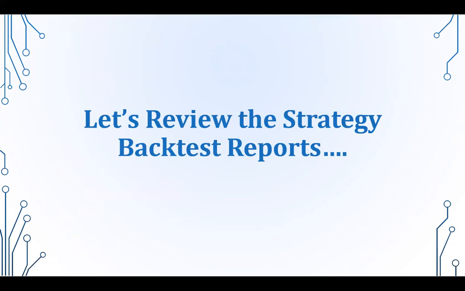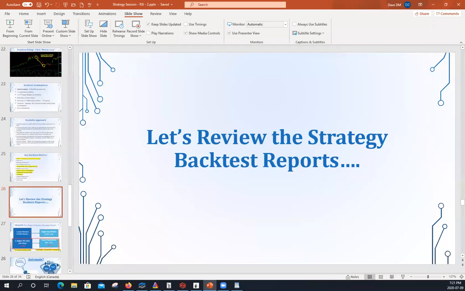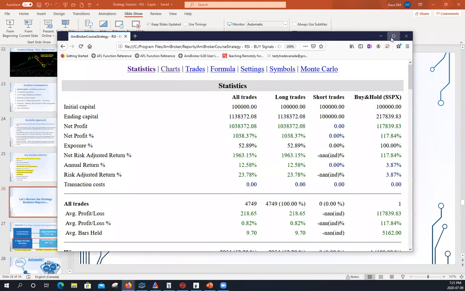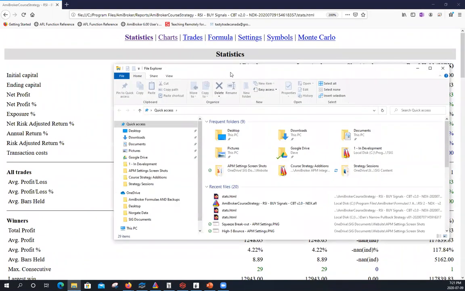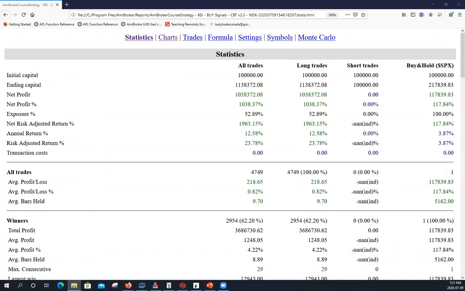So let's see what that looks like. Let me just stop this here. Okay, and let me just, oops. Hang on, gang. I actually just made a little boo-boo, and I need to open something up here. I just closed one of my tabs. Just bear with me one moment.